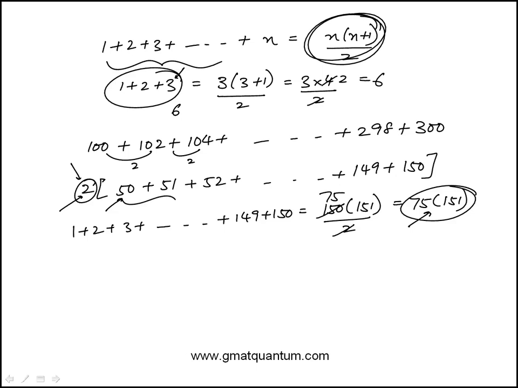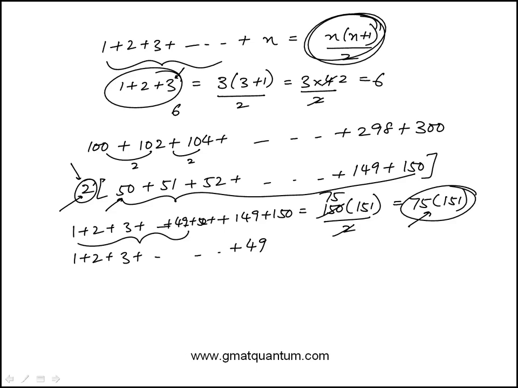We need 50 through 150. So what I'm going to do is find the sum from 1 to 49. And that's the one you have to watch out for, because it's 49 plus 50. This is the piece we need. And that would be replacing n with 49. So it's 49 times 50 over 2. So that's 49 times 25.